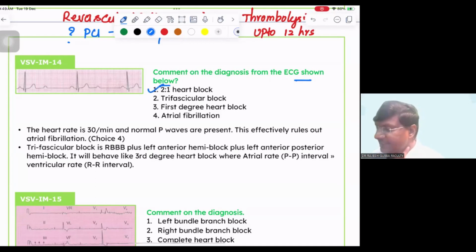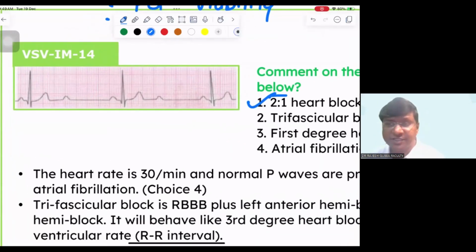So the answer is 2:1 AV block. Sumaya, I'll answer all your doubts in the end. So the answer here is 2:1 heart block. So it is not first degree heart block.